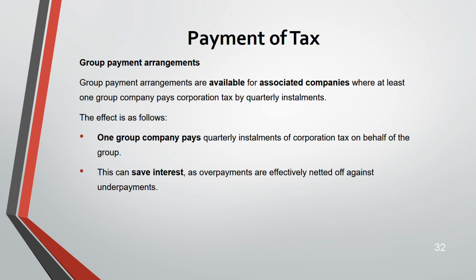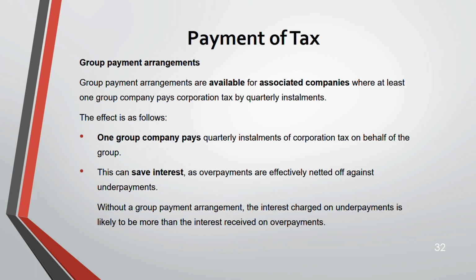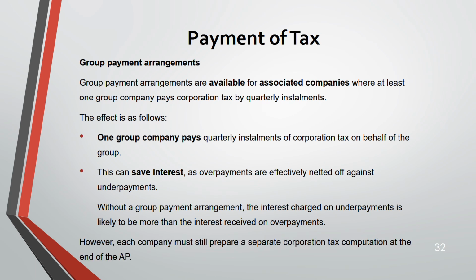This saves interest, because overpayments will be netted off against underpayments. Without this group payment arrangement, the interest charge on underpayment is likely to be more than the interest received on overpayments. That means you are paying more interest. So you can save interest through the group arrangement.